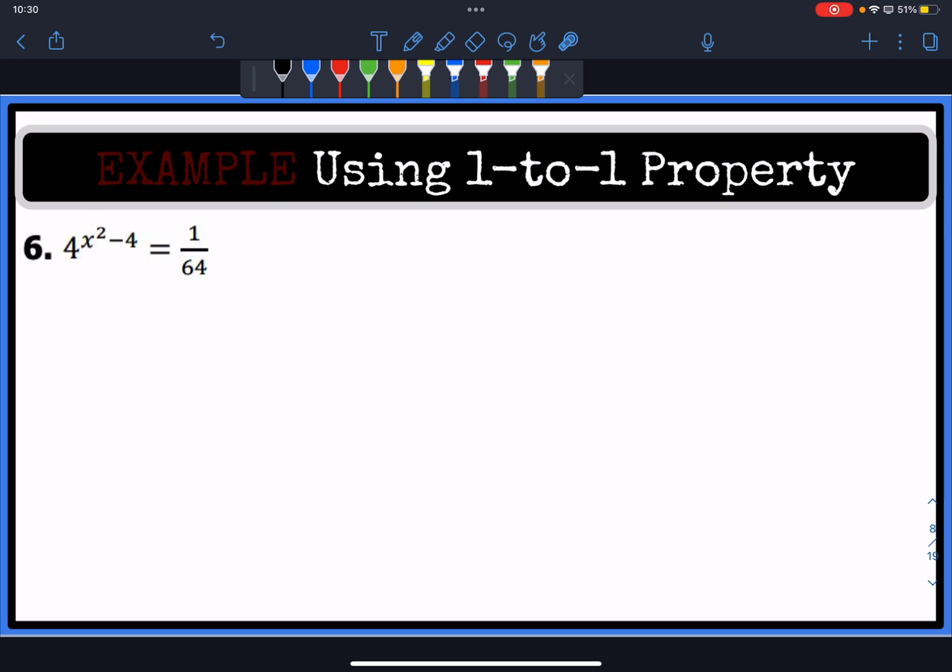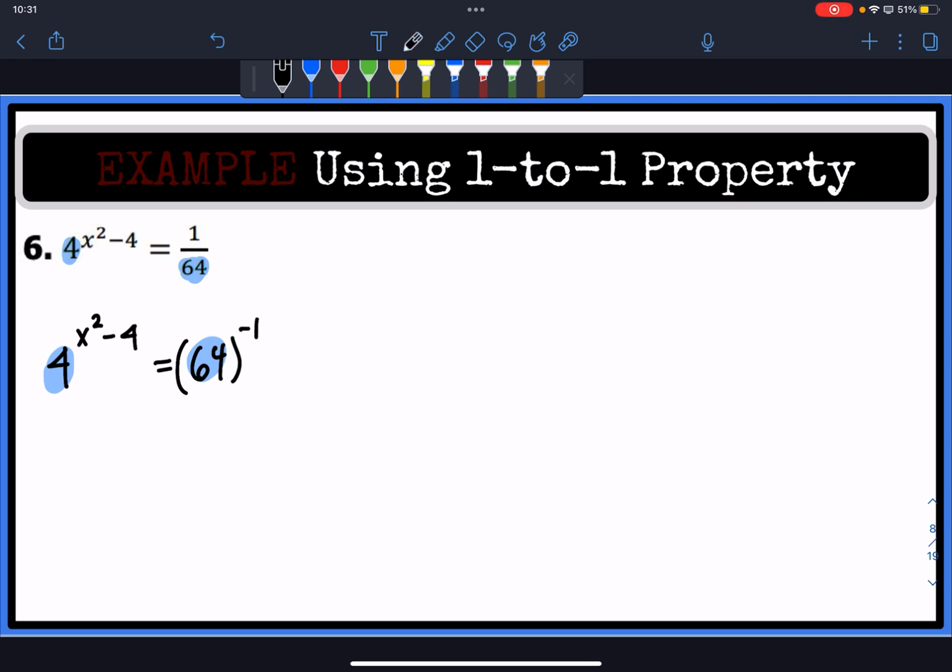So here, obviously, having 1 over 64 and 4 are not the same base. So the first thing I want to do is flip this, because the only way to get an integer and this to be the same is if this is also an integer. So I'm going to write this as 64, and that changes the exponent to negative 1. Now the bases are still not the same value.